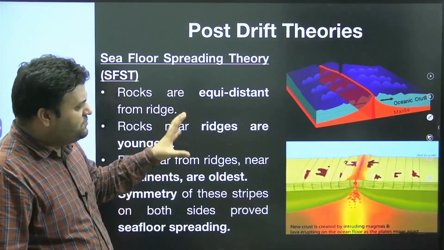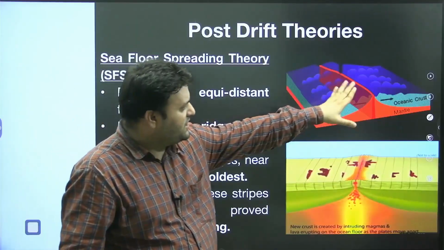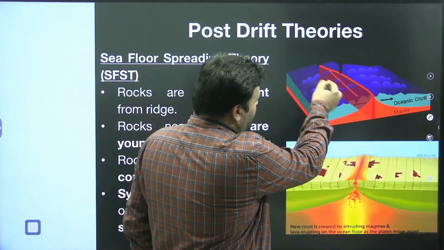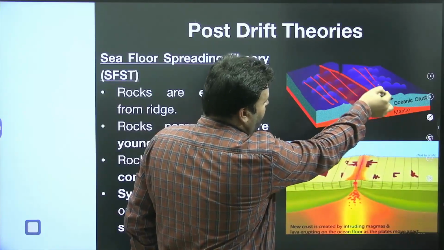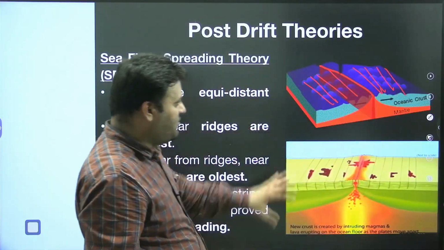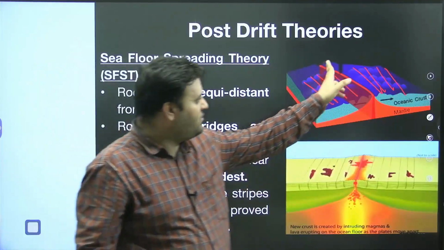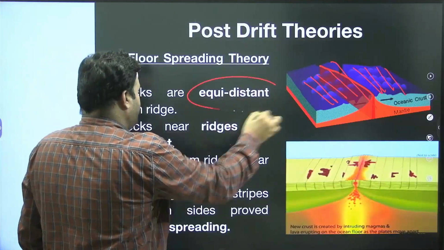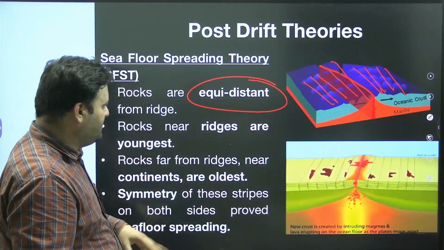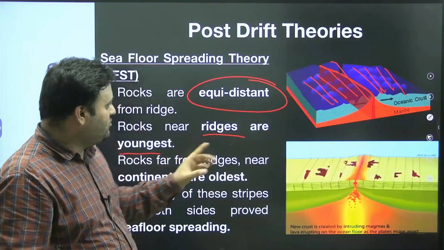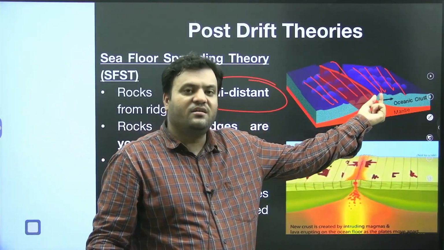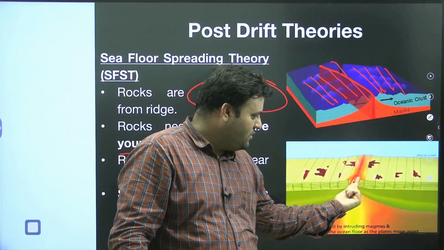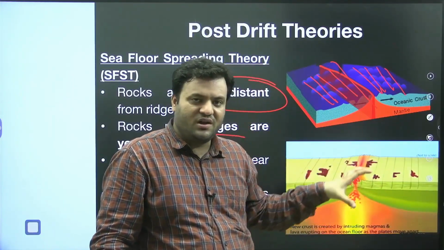So as per this particular theory, I told you the rocks were equidistant. Rocks near the ridges are young, obviously, because they have just solidified.